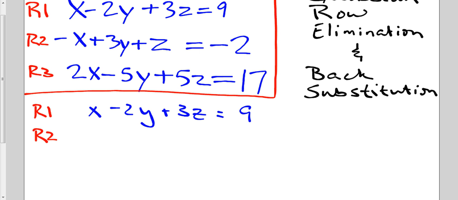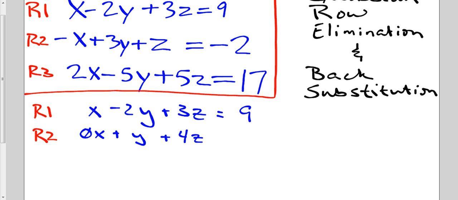So x plus negative x is 0x. And I'm going to write that down from now just to keep my accounting straight. 0x. And then I got negative 2y plus 3y gets me 1y. So plus y. And then 3z plus z gets me plus 4z.